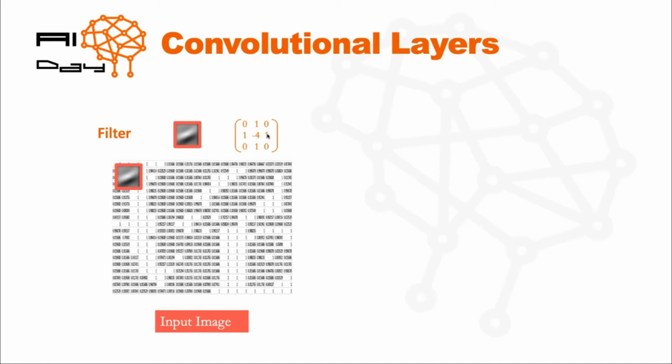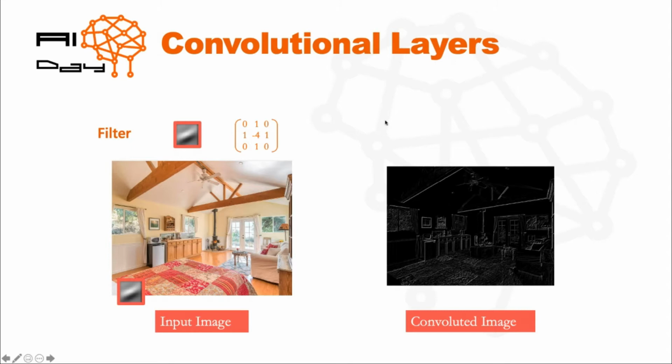You select some part of your input image, and then you apply the mathematical operation through the input image. And you will create another matrix of numbers. If you create an image from it, you will get this convoluted image. That's the main idea.